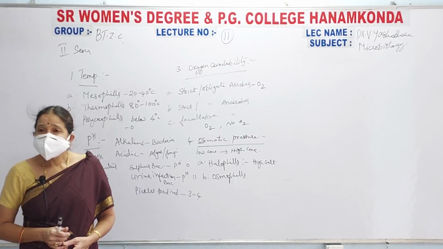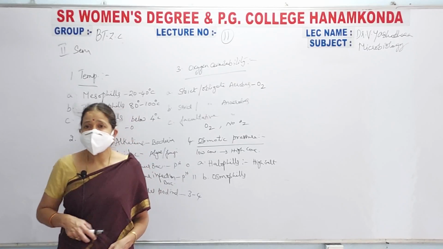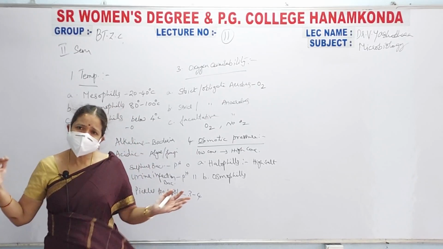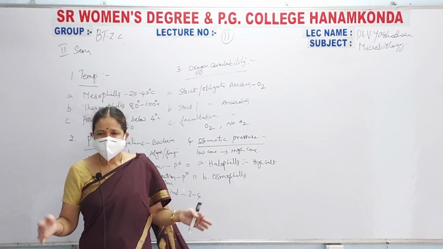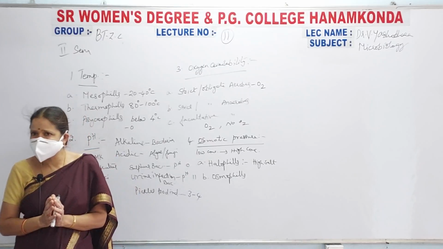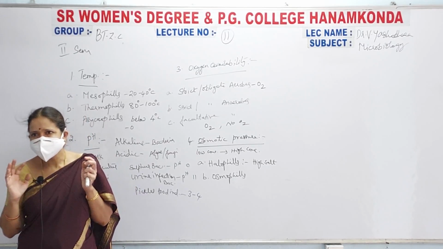Seawater and ocean water contain halophilic microorganisms, because there is a large amount of salt, sodium chloride. Because of the large salt content, not all microorganisms can grow. Only halophilic microorganisms can grow.